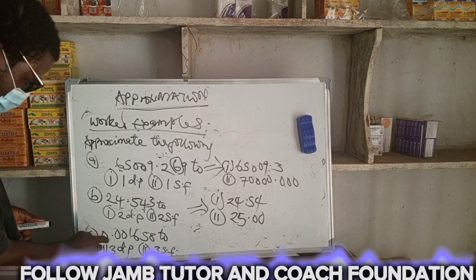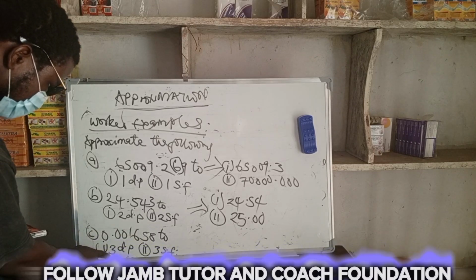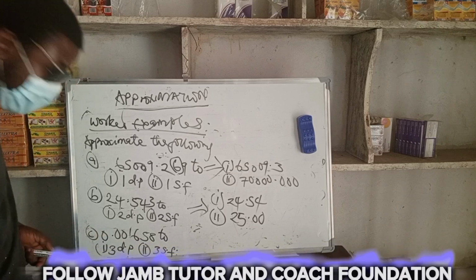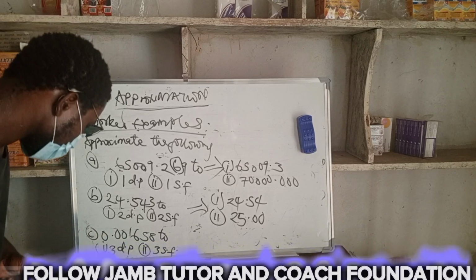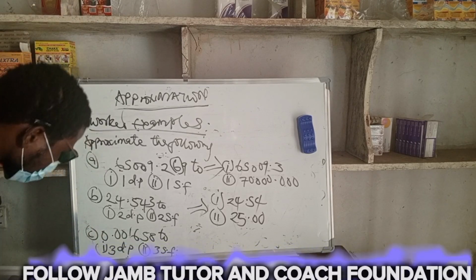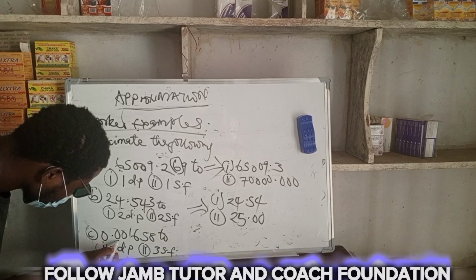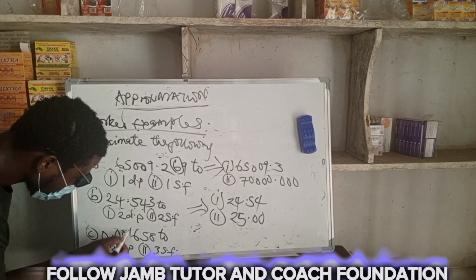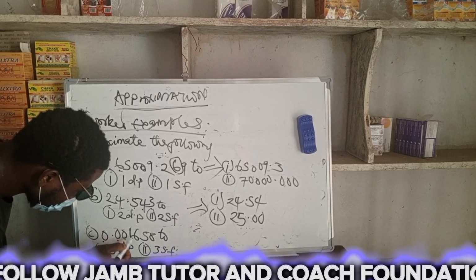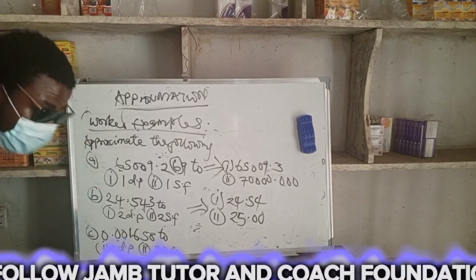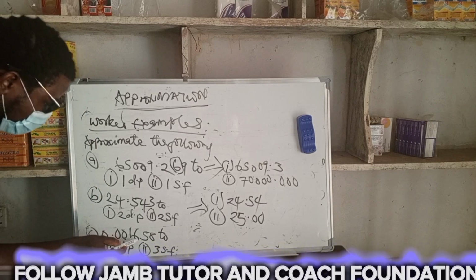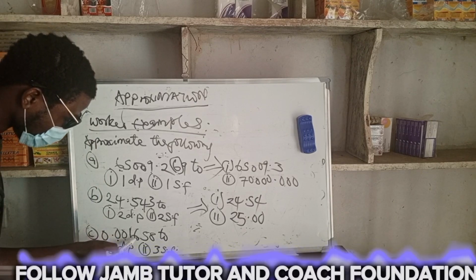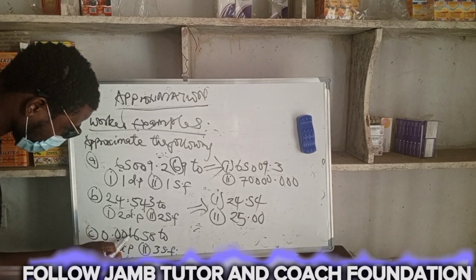Lastly, it says round this number to 3 decimal places, and 3 significant figures. So 3 decimal places. This is the decimal point. So this is the first decimal place, second decimal place, 3rd decimal place. The third decimal place is what? 1. And the number next to it is what? 6. It is above 5. So 6, to round it up, make it 1. 1 plus 1 is what? 2.